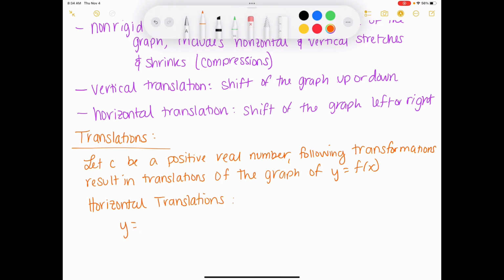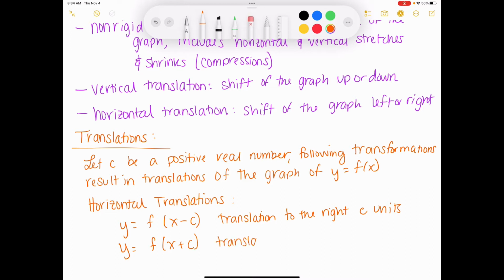y is equal to f of x minus c is a translation to the right c units. y is equal to f of x plus c is a translation to the left c units.